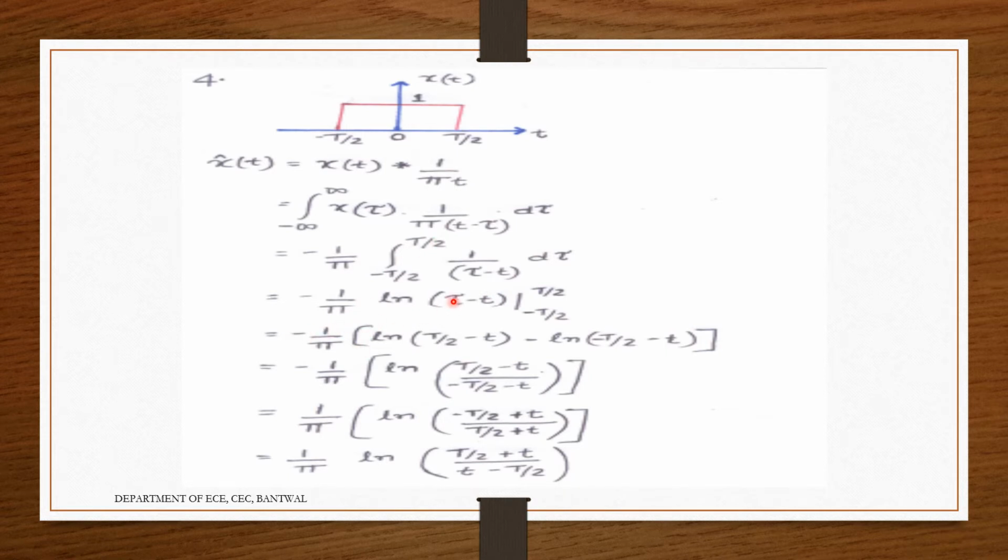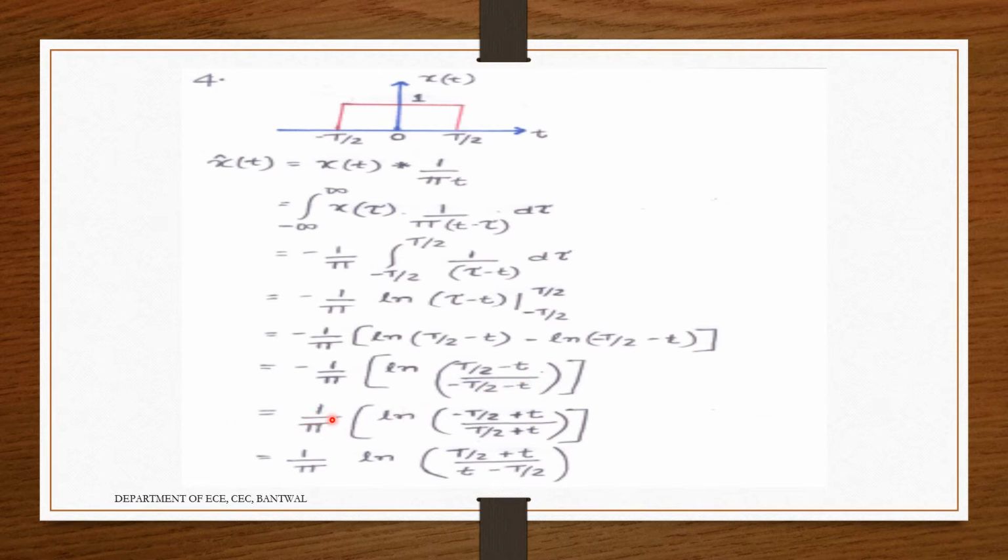Minus 1 by pi, I am going to implement in terms of ln (T by 2 minus t) minus ln (minus T by 2 minus t), higher limit minus lower limit. So I am going to take it in the a by b form, since ln a minus ln b is nothing but ln a by b. So minus 1 by pi times ln of (T by 2 minus t) divided by (minus T by 2 minus t).